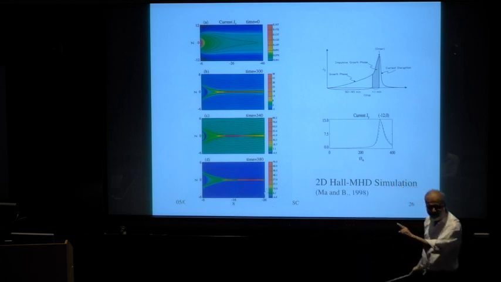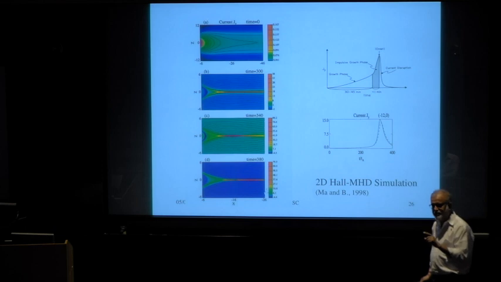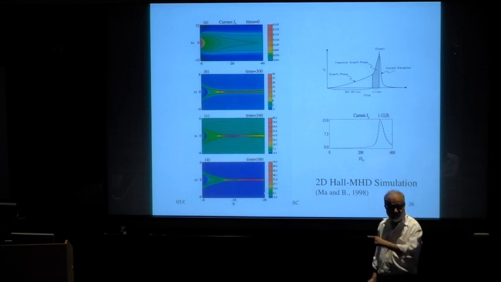However, in this 2D simulation, we found that this fall off takes about 10 minutes, which is an order of magnitude higher than the observation of 1 minute. And therefore, I consider that 2D simulations of this type are adequate to explain the slow growth and the onset phase, but not the disruption phase. Three-dimensional effects, other plasma instabilities, pressure-driven instabilities, which are very important in the system, which break the symmetry, are going to be very important.